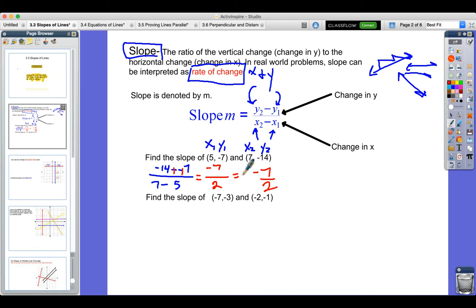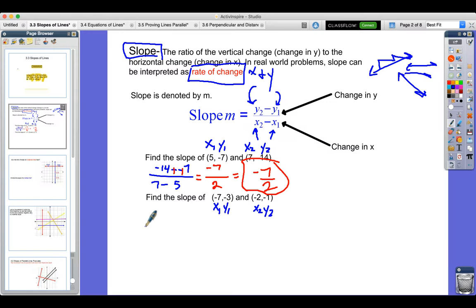Let's try one more time. Go ahead and try that one. Pause it for a second. All right, hope you're back. You did it. Let's see. This is our x1, y1, and this is our x2, y2.